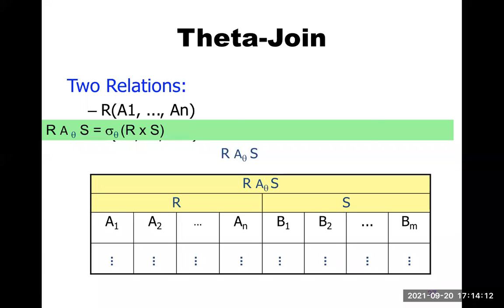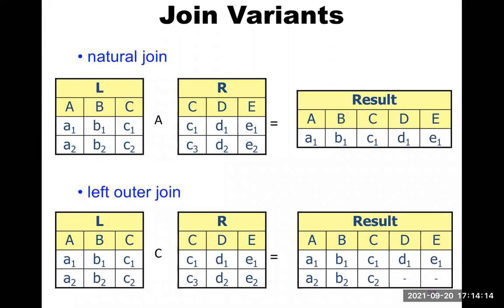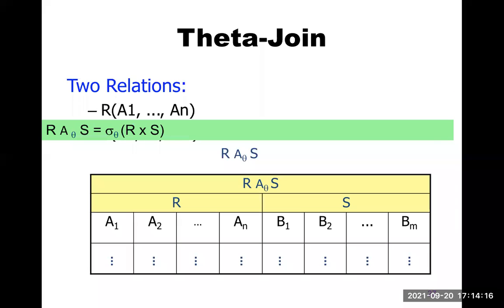In natural join, we don't provide anything. So that's theta join, where we manually set some condition. Let's say A1 is greater than B2, or A2 is equal to B5 plus B7. So any condition may go.